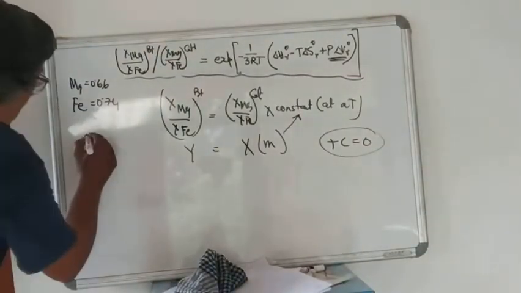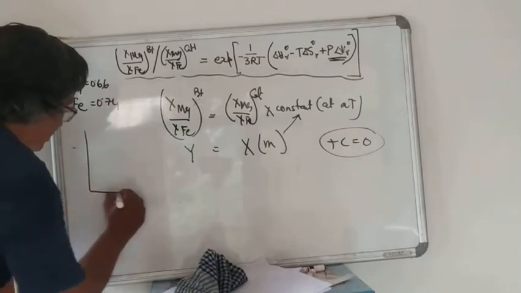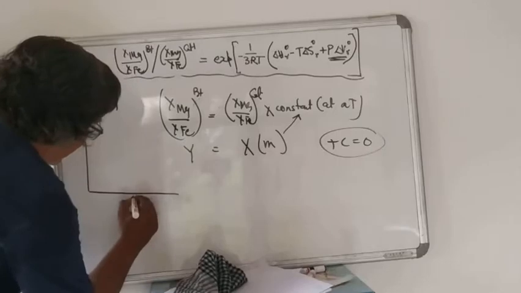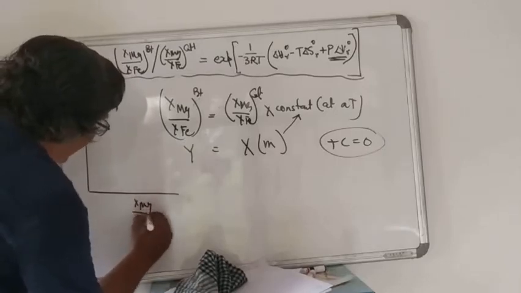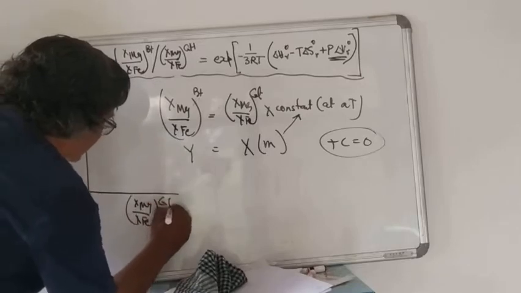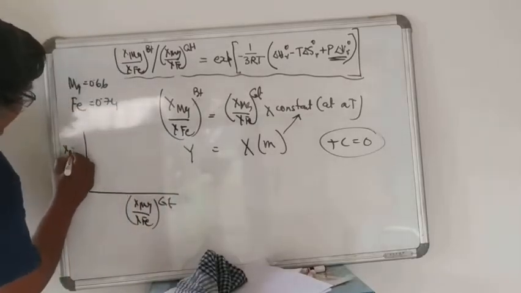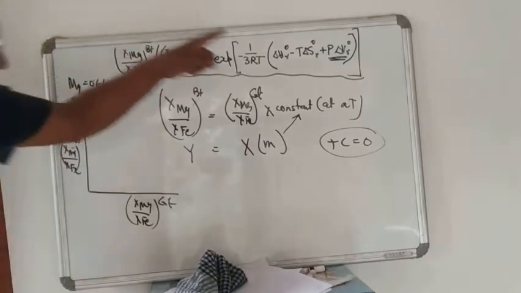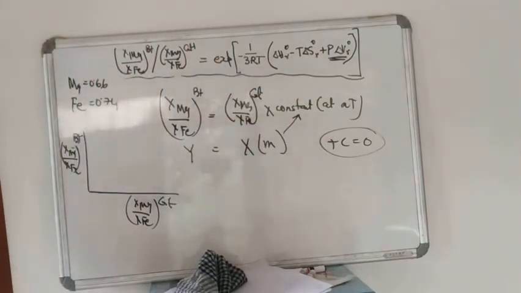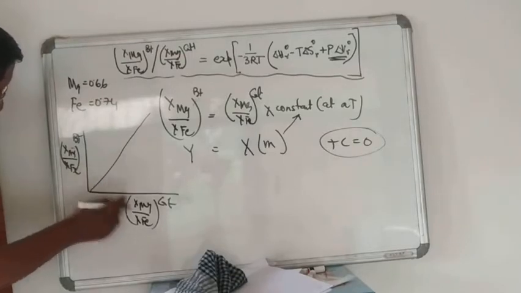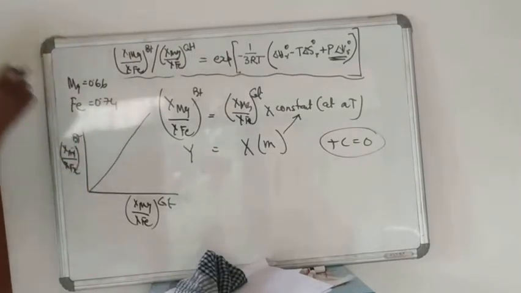So if I plot XMg by XFe in garnet on the x axis, and here you have XMg by XFe in biotite, then at a particular temperature, the ratio will lie on a particular line.